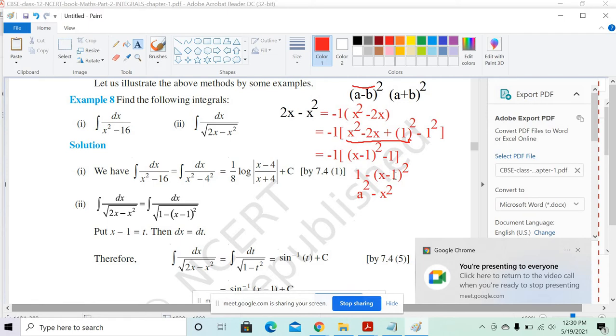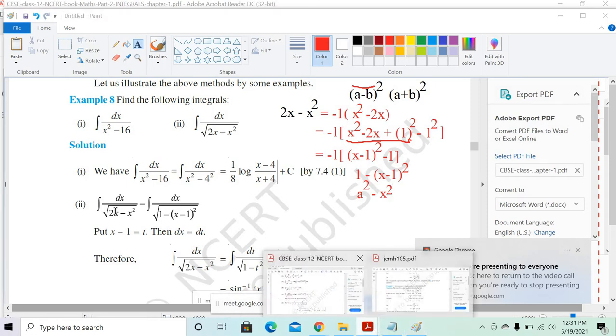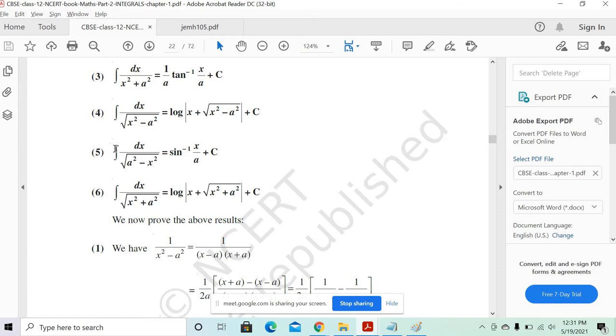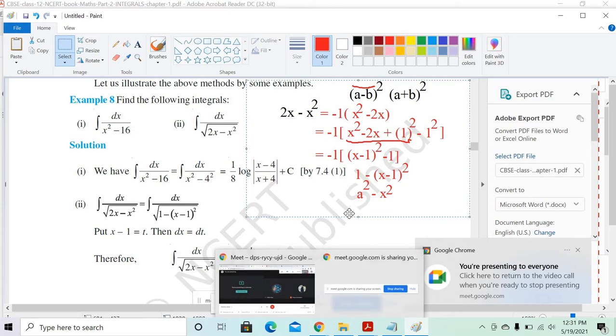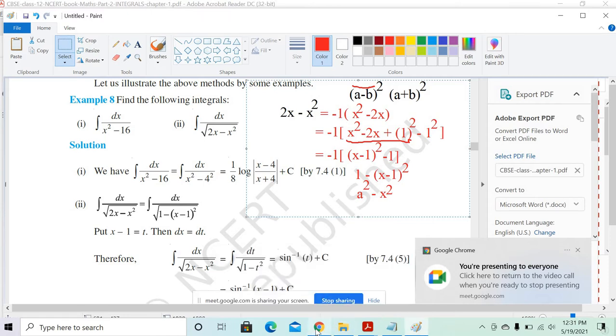Now you can just put x minus 1 as t, and you will get it in the form of the square root of a square minus t square formula. This is property number 5. Understood? Any questions, any doubts? No, sir. Clear. Okay, now attempt it with your understanding so that it gets clear to you. Okay, sir. I'll stop sharing. I'll send it to you.